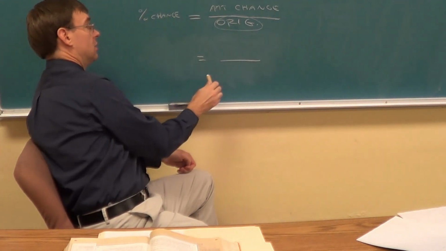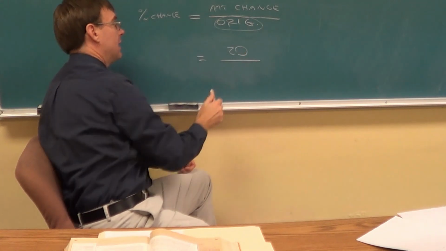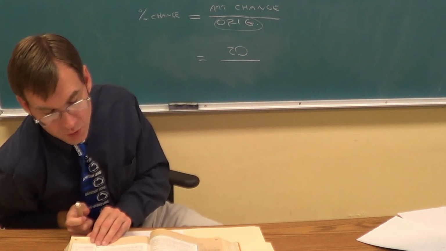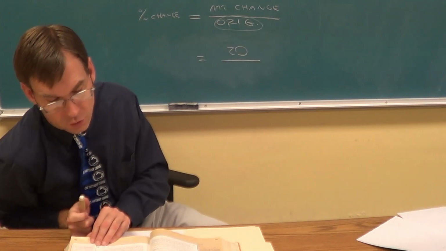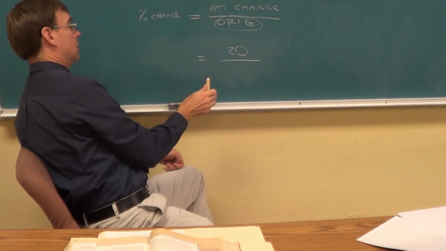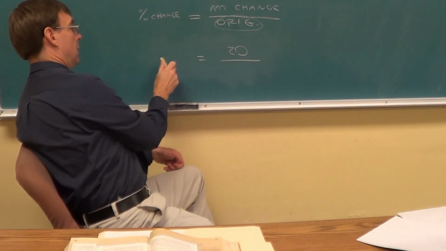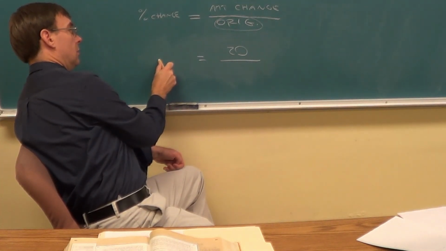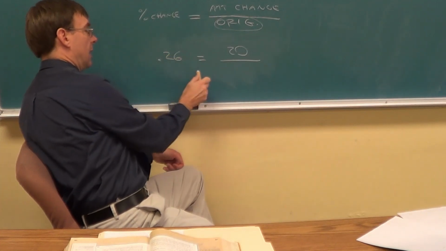On the top. So we got 20 cents for the top. It says 26%, so 26% goes on the left. What would we make 26% into? A decimal, 0.26.